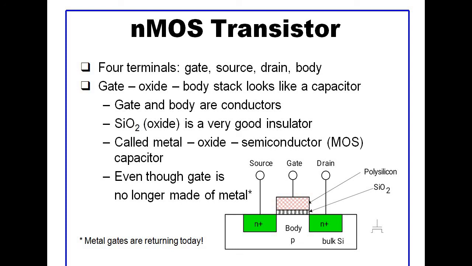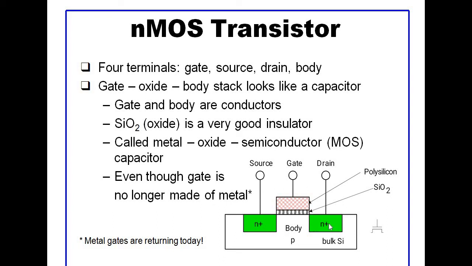Let's look at this NMOS. If the gate is grounded, no current flows through the reverse bias junction, and hence the transistor is said to be in off condition. If the gate voltage is raised, it creates an electric field that starts to attract free electrons to the underside of the silicon SiO2 interface.